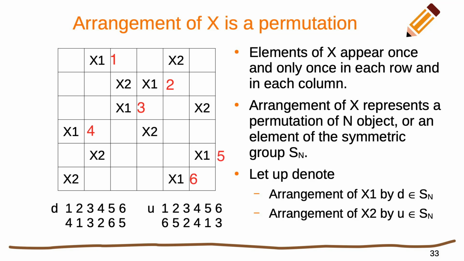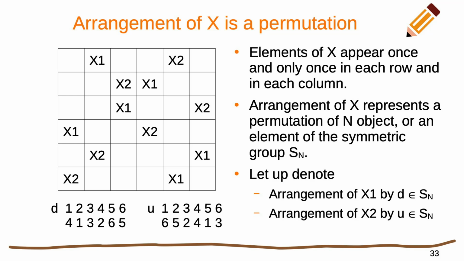That sequence represents the permutation defined by the arrangement of x1. For convenience, we denote the permutation corresponding to x1 as d and the one corresponding to x2 at this stage as u. Although trying all permutations is infeasible, a limited set of systematic permutations may be helpful.